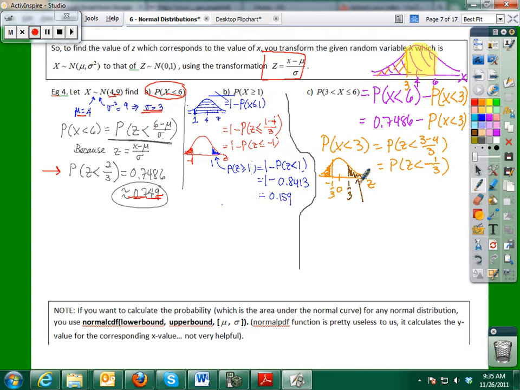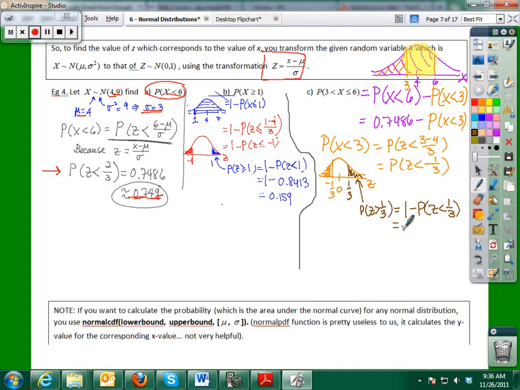So this area is the probability that z is greater than positive 1/3. And so that means that I can evaluate that area by doing 1 minus the probability that z is less than a positive 1/3.